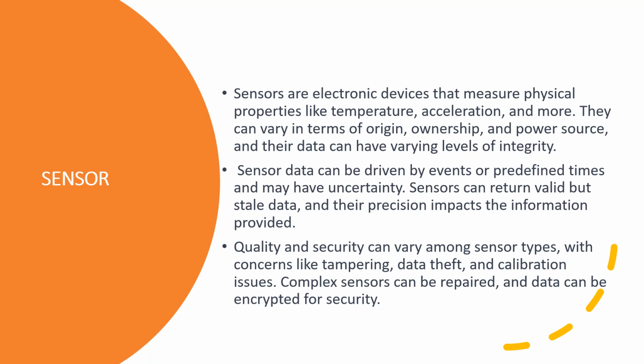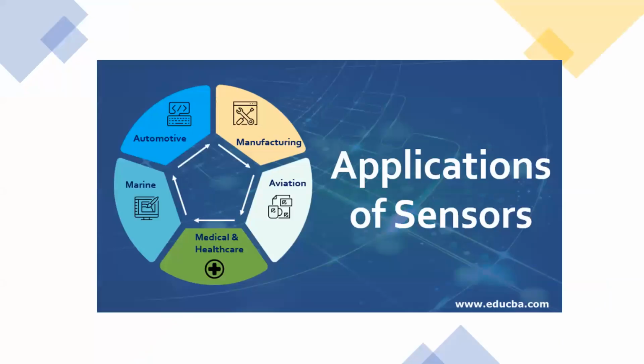Also, whenever data is stolen or tampering is done, recognition happens automatically in the sensors, which is very useful for the people using them for different purposes. Coming to the applications of sensors, there are many applications such as manufacturing, aviation, medical and healthcare, marine and automotive.